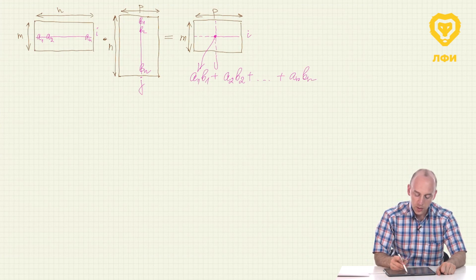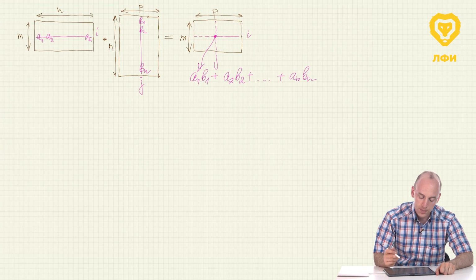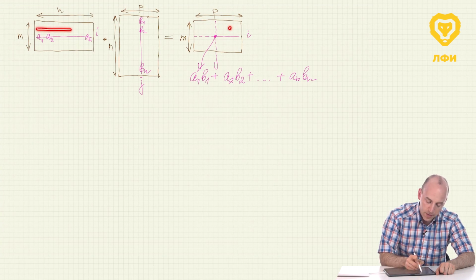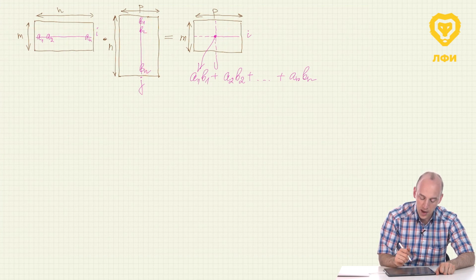And this way we calculate the element. In fact, to calculate any element of the product, we should take a row of the first matrix and multiply it by a column of the second matrix. This is the way the elements in the product are calculated.